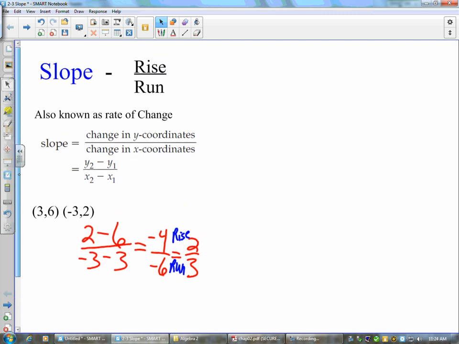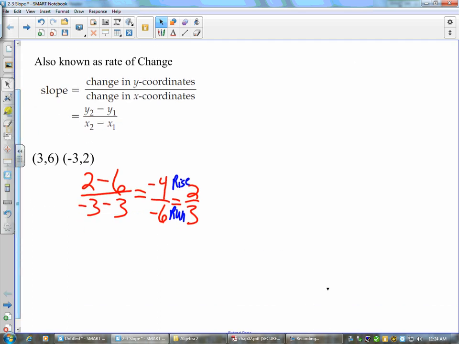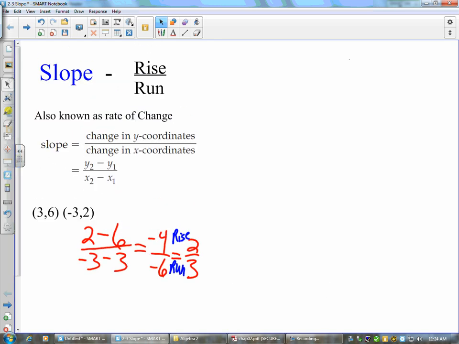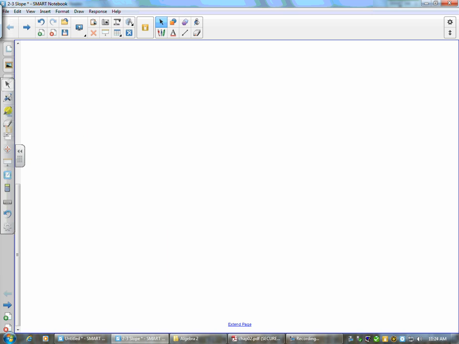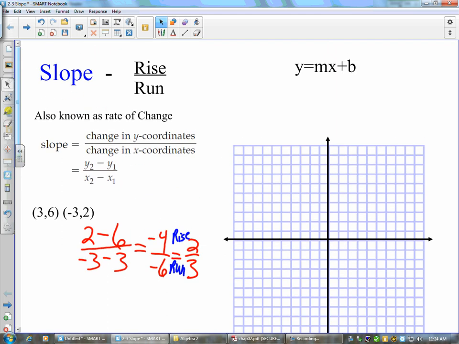Say I'm going to graph a line. We're going to put it into this standard slope-intercept form. Now, slope, the letter in this, even though it starts with S, actually is m. m is the slope.